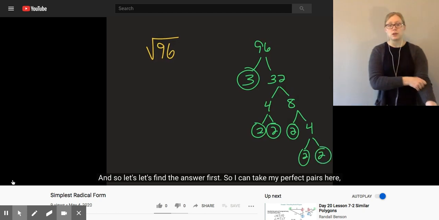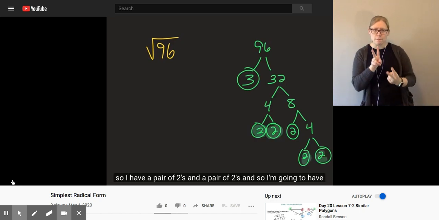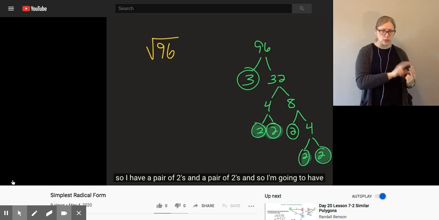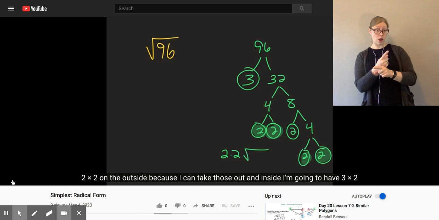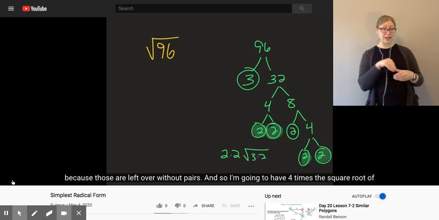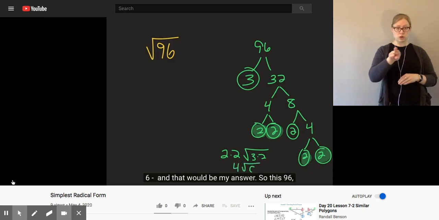And so let's find the answer first. So I can take my perfect pairs here. So I have a pair of 2's and a pair of 2's. And so I'm going to have 2 times 2 on the outside, because I can take those out. And inside I'm going to have 3 times 2, because those are left over without pairs. And so I'm going to have 4 times the square root of 6.